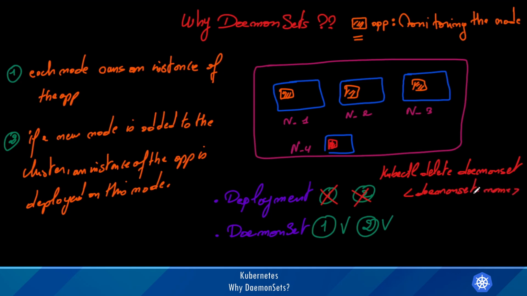And a very important thing that you should know is that if you delete the pod directly without deleting the DaemonSet, the pods will be recreated by the DaemonSet. So to delete the pods running the application deployed with the DaemonSet object, you have to delete the DaemonSet itself. So I hope that everything is clear and thank you very much.